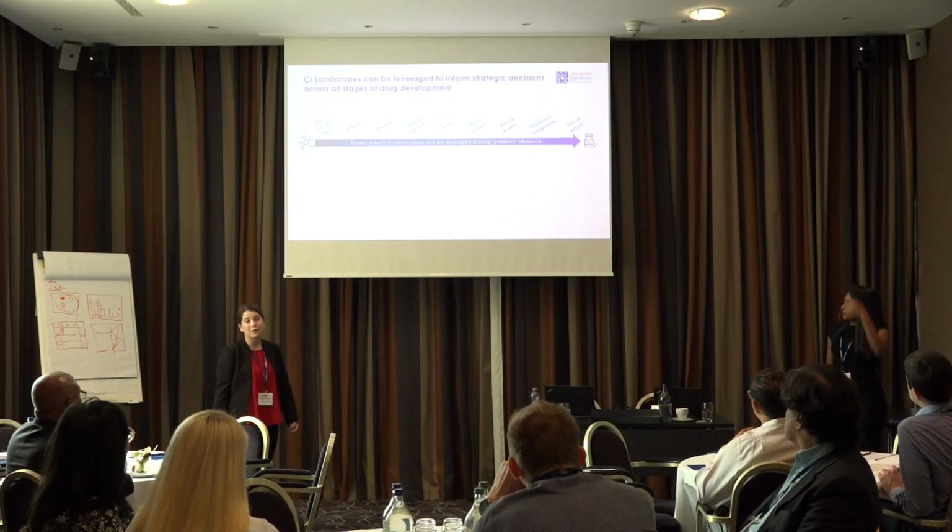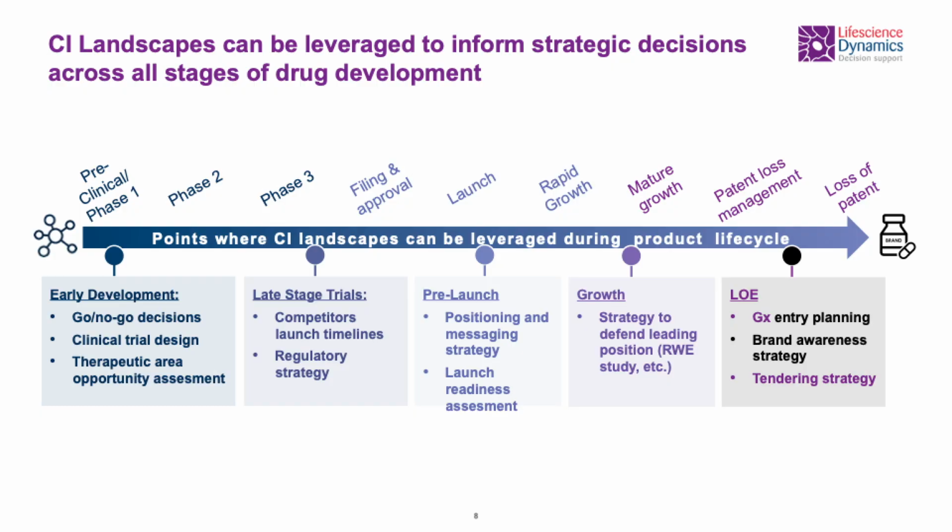What we really want to emphasize is that these CI landscapes can be leveraged to inform your business strategy across all stages of development. For instance, if we start on the preclinical side, on the left, the CI landscape can be really important to inform your go, no-go decision. You want to understand within a specific therapeutic area if there's actually opportunity for new players to enter, or if it's very crowded and that's going to be more difficult.